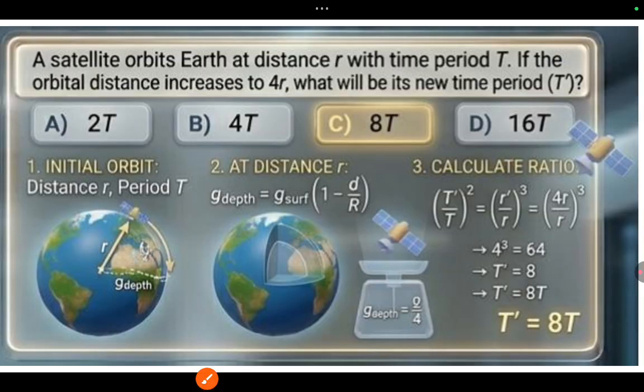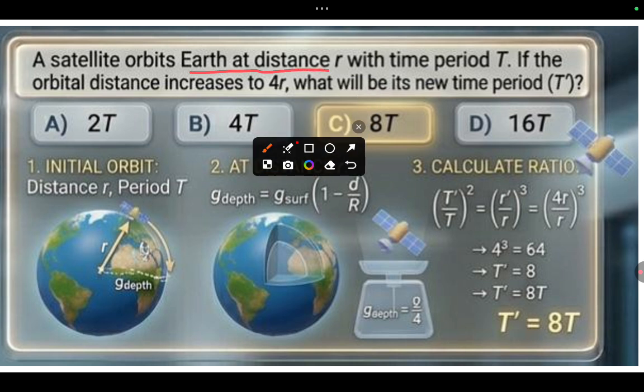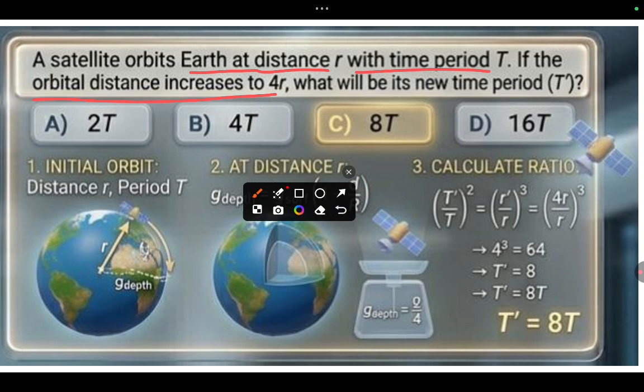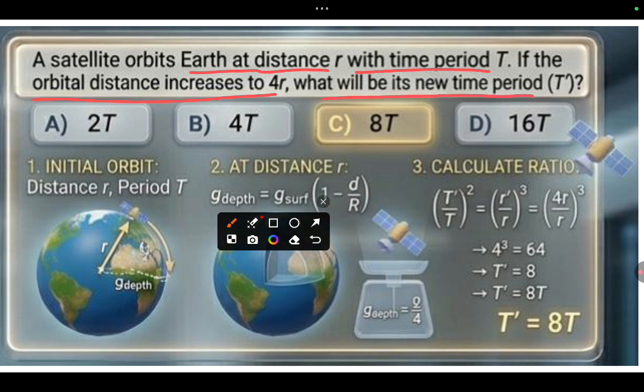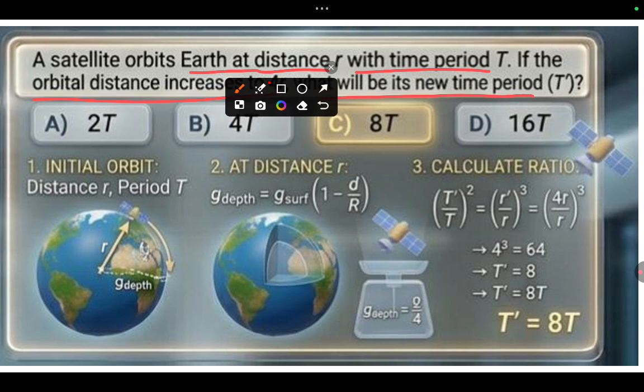A satellite orbits the Earth at a distance r with a time period T. If the orbital distance increases to 4r, what will be its new time period? Here we go for the time period formula: T squared is proportional to r cube.